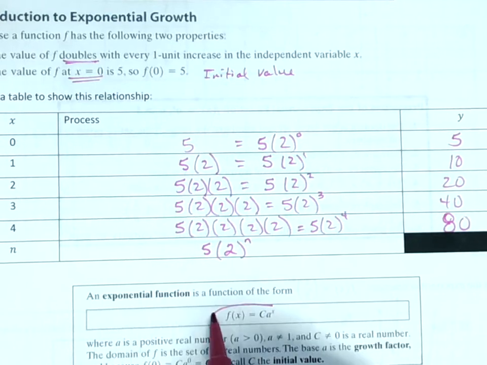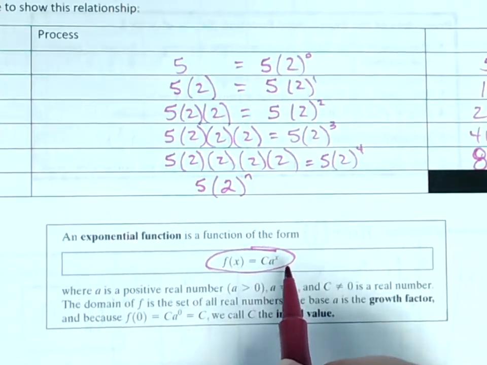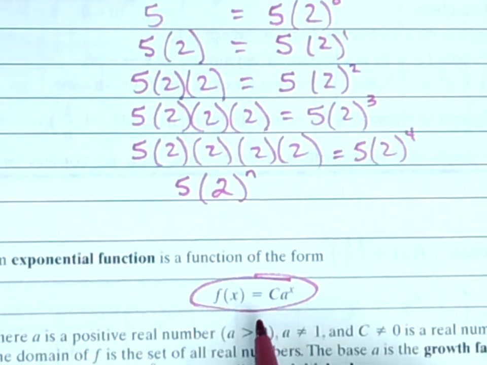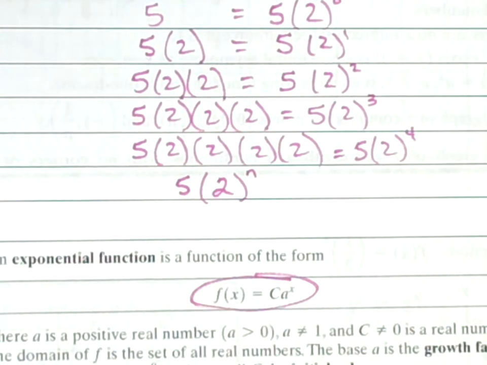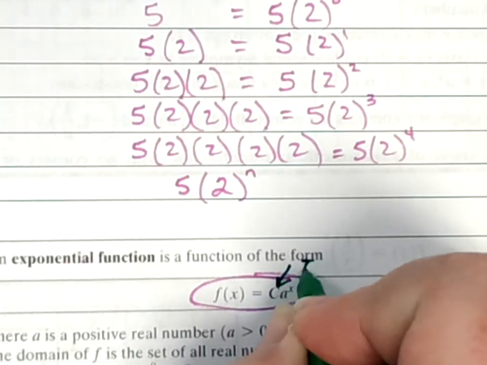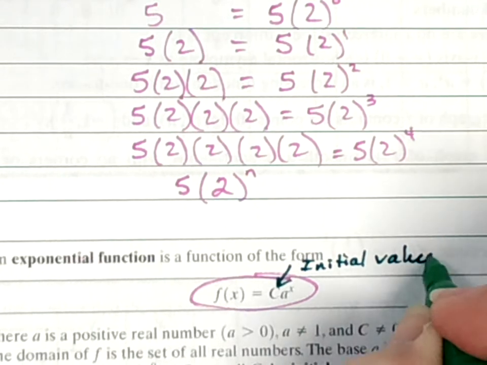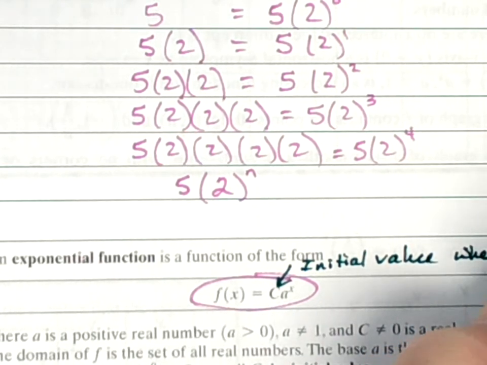And it's written in this format: C times A to the x power. F of x equals C times A to the x power. The C right here is always going to be our initial value when x equals 0.